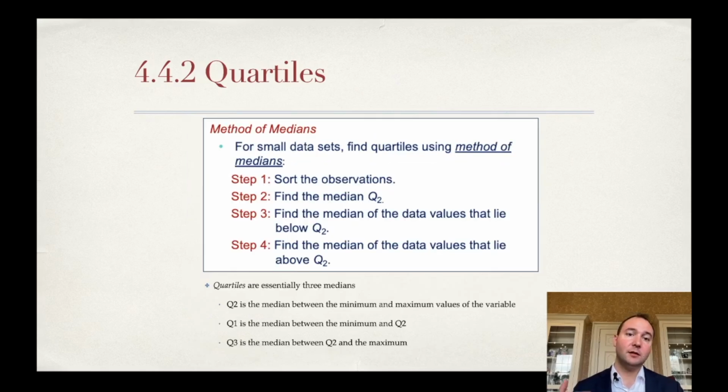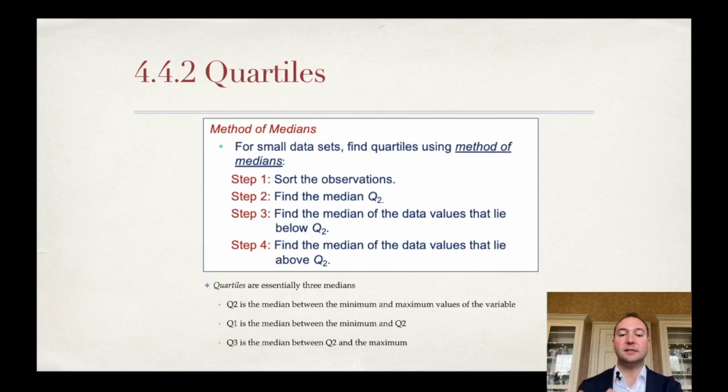You can consider quartiles as a method of medians. For example, Q2 is the median between the minimum and maximum values in your data set. Q1 is the median between the minimum and Q2. In other words, it's the median between the minimum and the median of your total data.